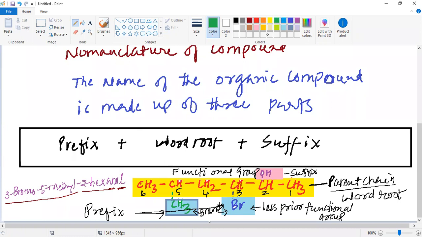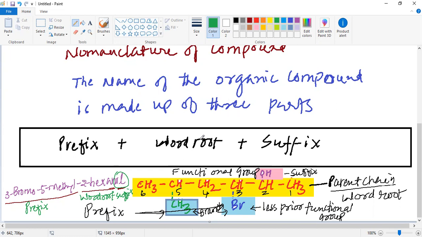So we can write it this way: this is the prefix, this is the word root, and this all is the suffix. So this is how, my dear students, we understand the name of the organic compound.